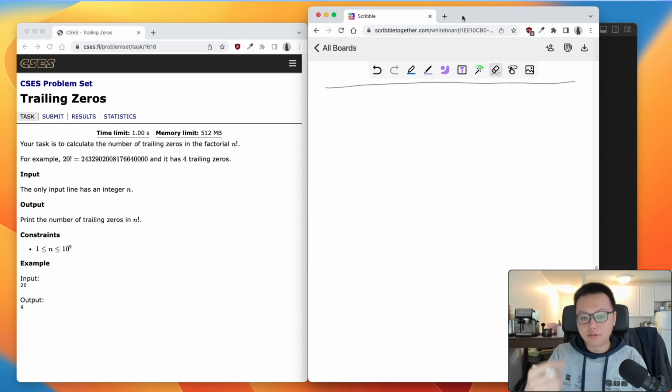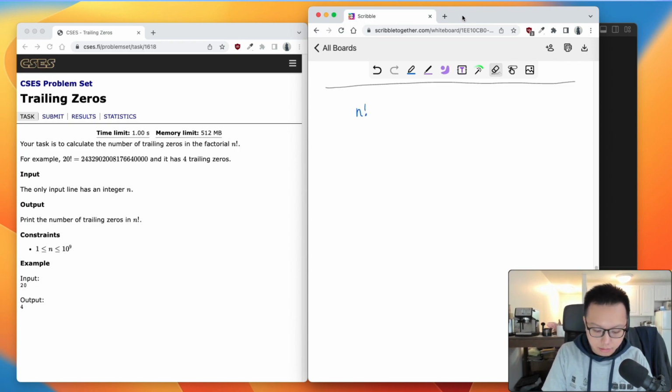By representing 10 as 2 times 5, we know that n factorial can become some other numbers times 2 times 5.